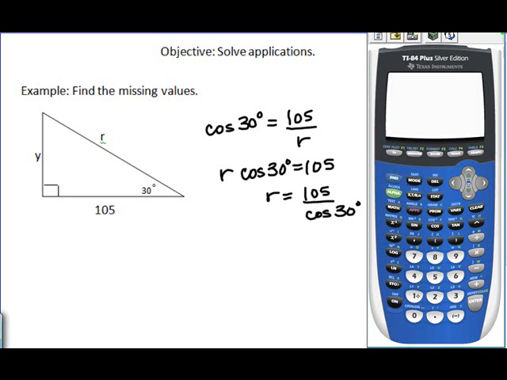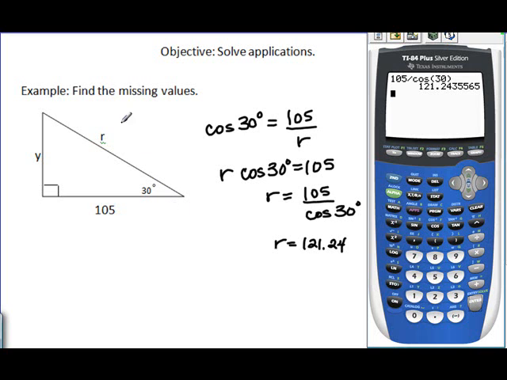And now I'm going to say 105 divided by cosine of 30, and get 121.24. Whatever units, if this was feet, then this would be in feet as well.